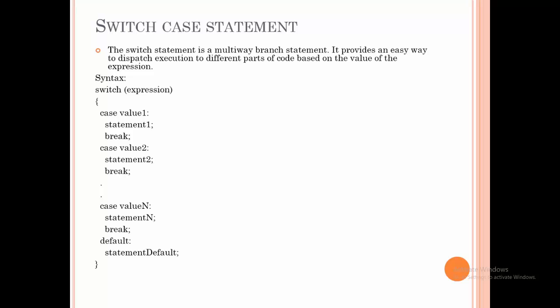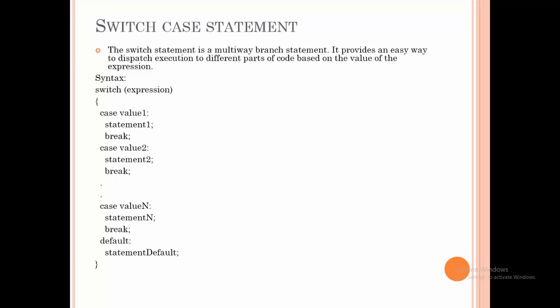Okay, it will throw compile time error. Then the Java switch expression must be of type byte or short, int, long, and can also be enums. Enums means final variables, like the value doesn't change, and strings. Okay.